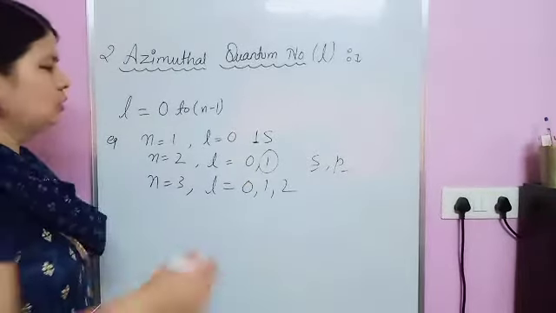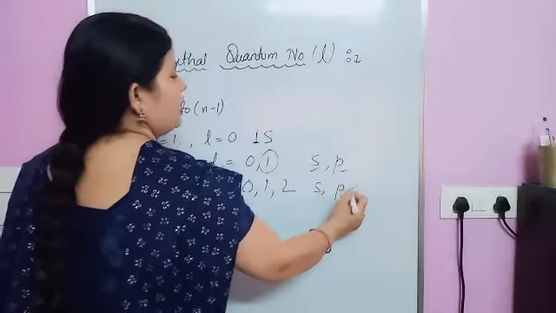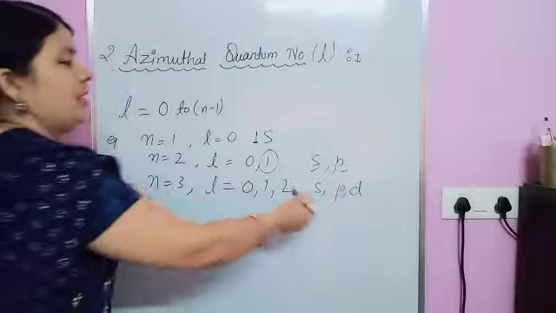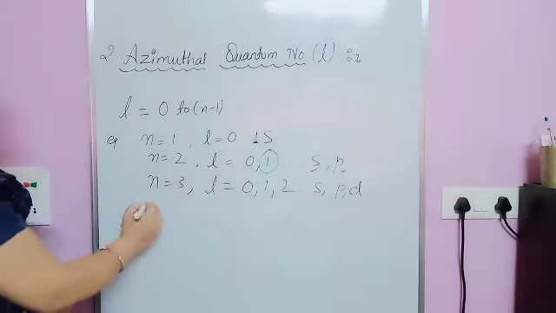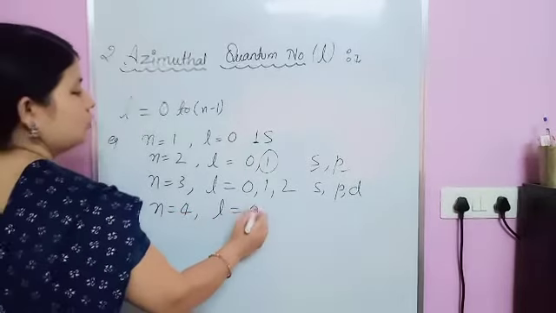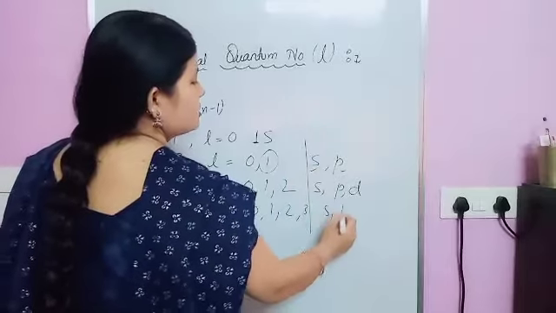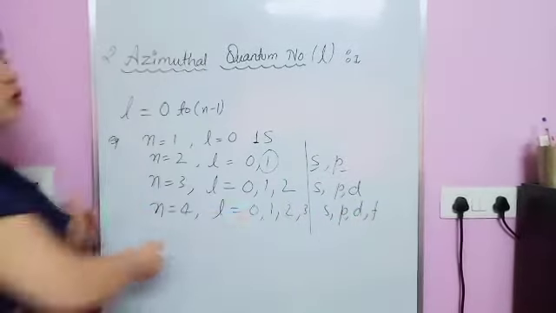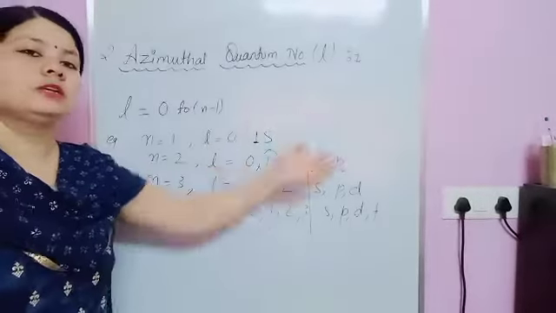Now you know how to calculate this. 0 is S, then P, and second one is D. It means that in case of third shell S, P, D, all three subshells are possible. Similarly when you solve for fourth, L is equal to 0, 1, 2 and 3. So in this case, S, P, D and F. In case of fourth one, all four subshells are possible. That one is S, P, D, F and so on. Accordingly we have to solve.